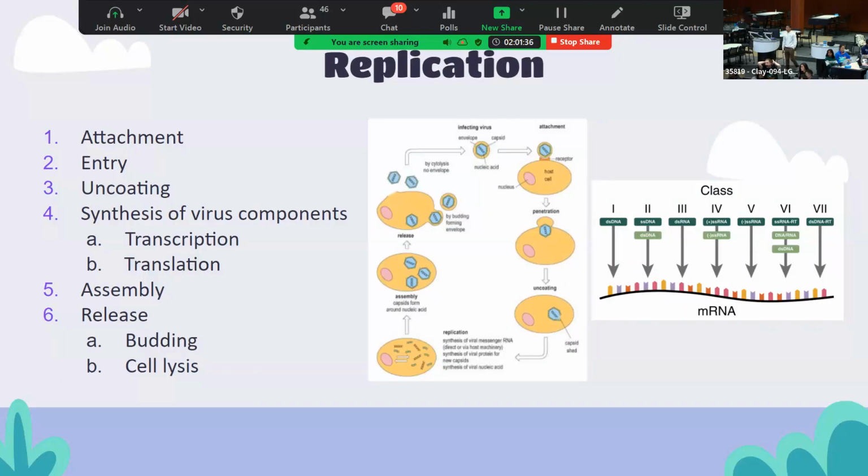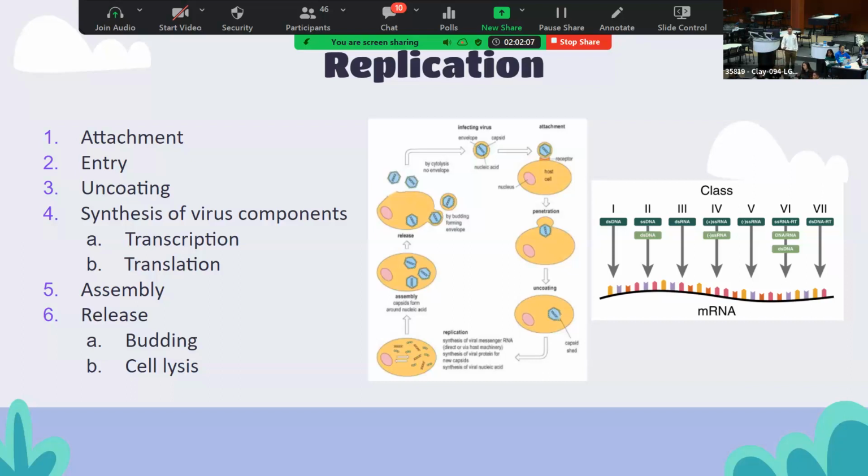All right, in terms of replication, at this point in time, you only need to know the broad steps, like these 6 steps. Attachment, so the virus attaches to the host cell. Entry, so through those glycoprotein spikes we talked about, or through another molecule on their capsid, they get bound and then endocytosed. The capsid is then uncoated, and then the viral components are synthesized, transcription and translation.